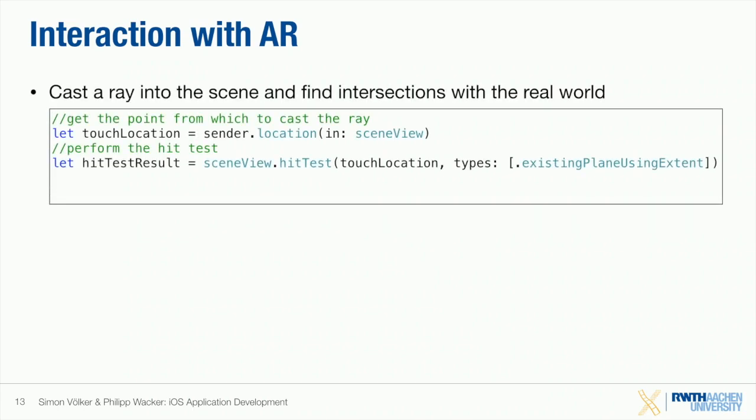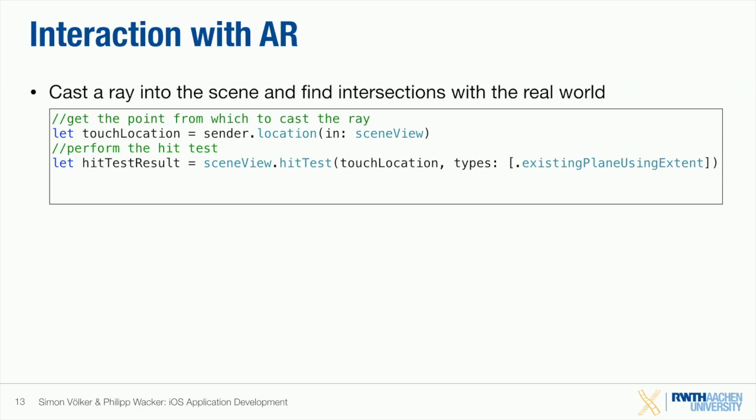And how that works, like I said, so far you're using the touchscreen for this. And what happens when I touch the screen is that you cast a ray into the scene and just look, okay, do I hit something that the system has already tracked, that the system already knows?